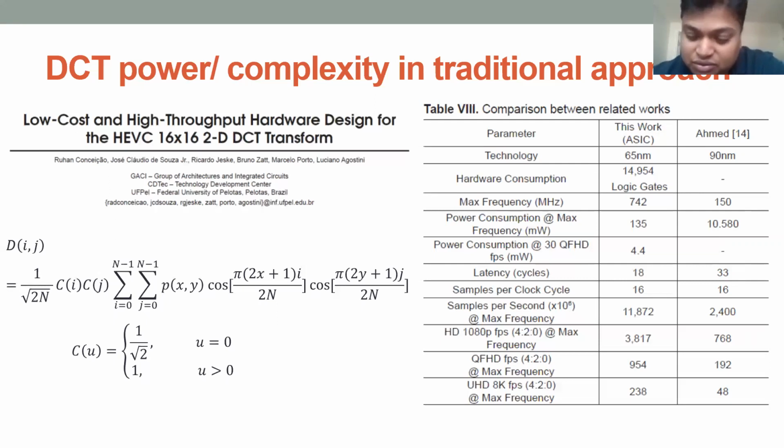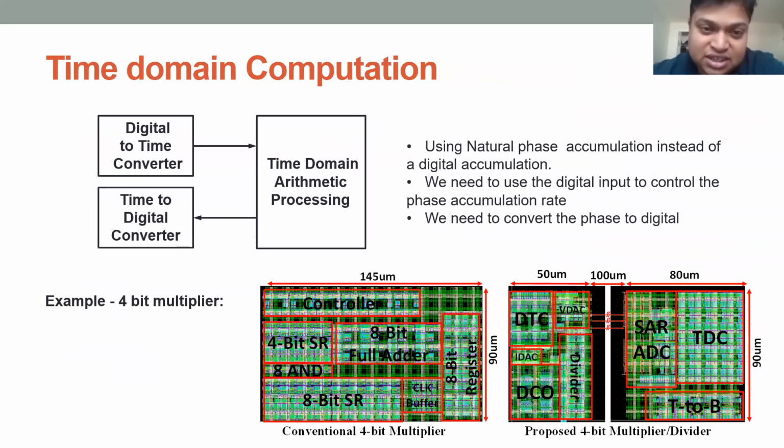And that's why we were thinking of doing the time domain arithmetic for it. I'm running out of time, so I will not go into the detail, but I'll say the important aspect of it. If you think of the VCOs as natural phase accumulators, right?